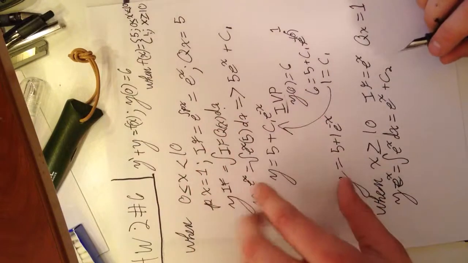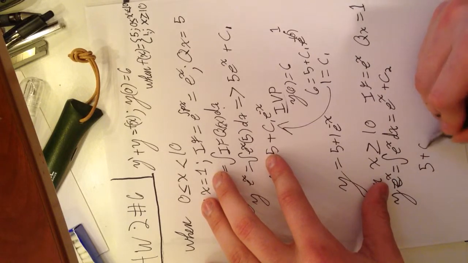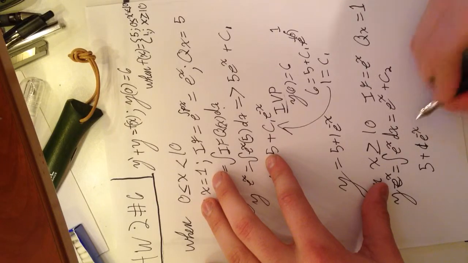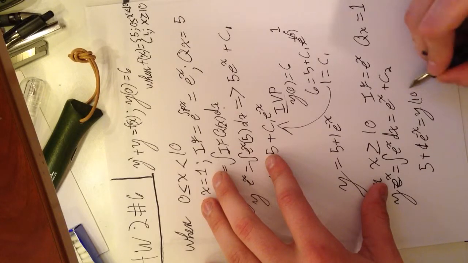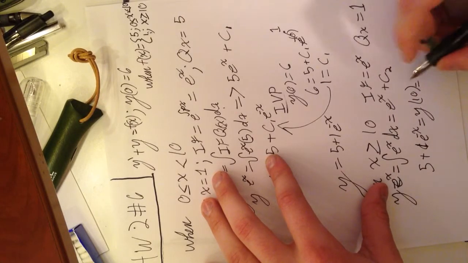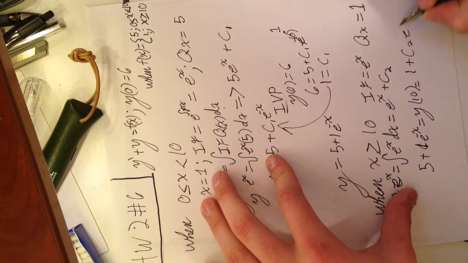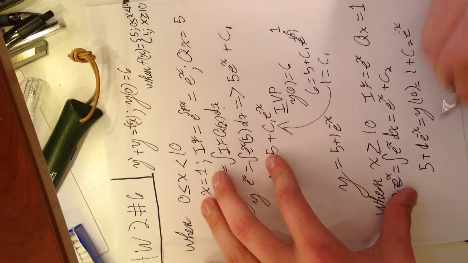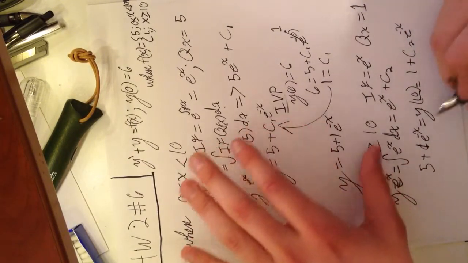So what we can do is take our first solution, 5 plus 1 e to the negative x, which is equal to y of 10, which is equal to 1 plus c2 e to the negative x. Now our x values are 10 in order to solve for c2.